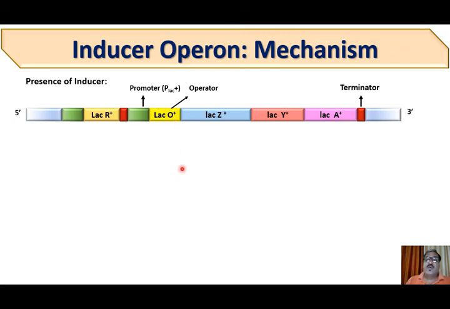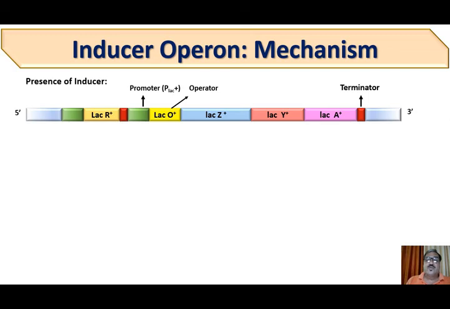So now let us see what happens when inducers are present, that is, when the medium contains a large quantity of lactose. Then the bacteria has to synthesize the lactose digesting enzymes, that is, the beta galactosidase enzyme has to be increased.